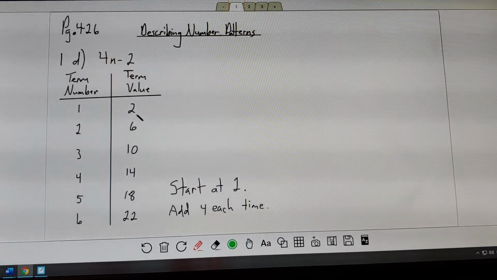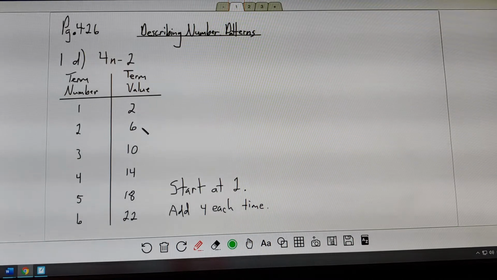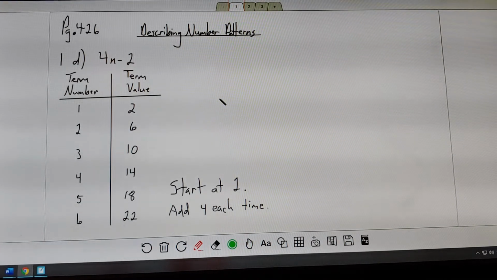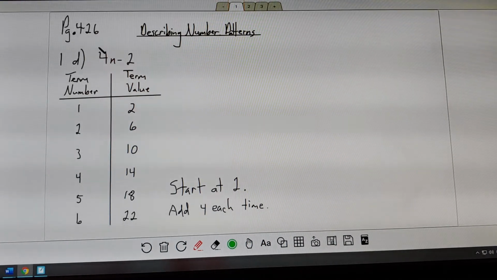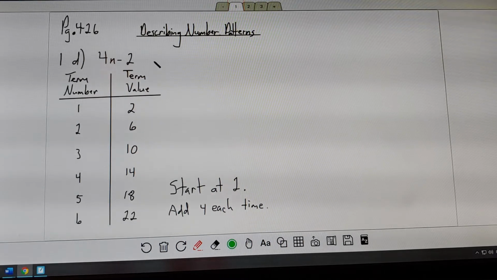So it starts at 2, and then we get a jump of 4 every single time, so add 4 each time. The reason they did that is they're trying to help you figure out how to make the nth term, which by the time we get to number 4 was the big idea behind it.